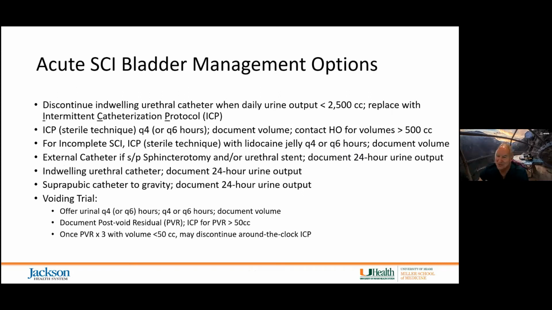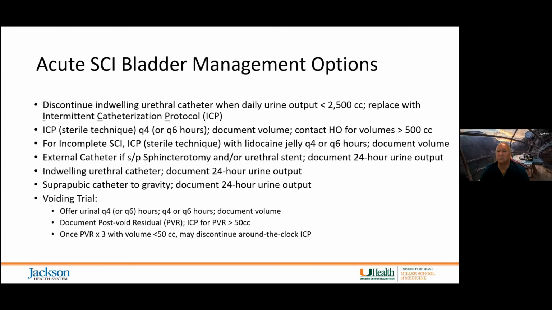The residents, and APPs, should have access to our quick set orders. So recognizing that as soon as possible, we want to get the catheter out of the bladder when it's safe.